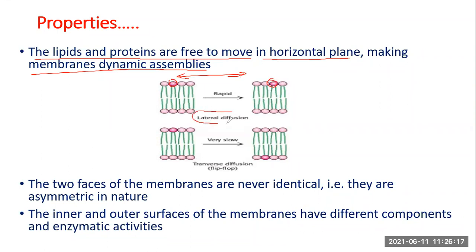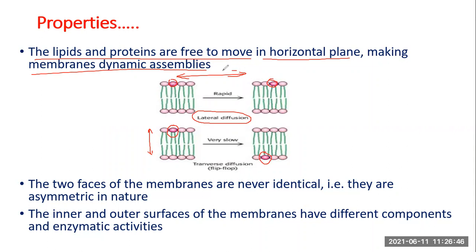Lateral movement, lateral diffusion. Vertical movement in this direction is either not allowed, or if at all it takes place, very slowly. So you see this lipid here, the dark pink. It has come to this place. It has moved vertically, but it is either not allowed, or if at all it is allowed, it takes place very slowly, whereas lateral movement is very rapid.